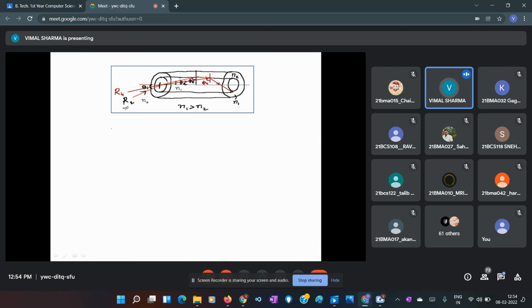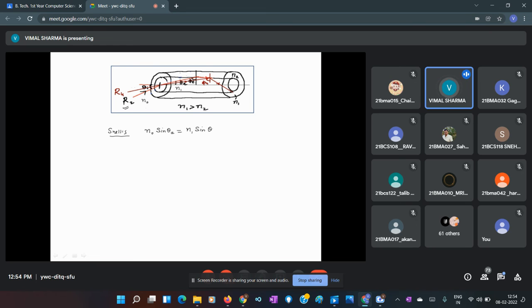I can write Snell's law for ray 2, and this is when we launch it: n0 sine of theta a, this is launched at an angle which is the acceptance angle, is equal to n1 sine of the angle made by this ray with the normal when it enters the core.